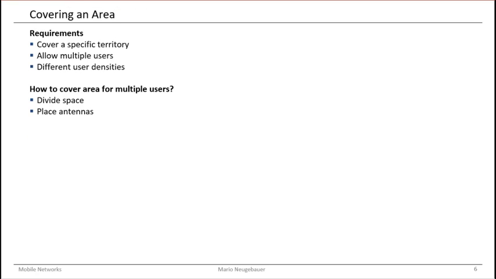Now imagine that we want to cover a certain area where we know that we have some users or that we will have some users. And we now have to think about the space and think about how we place the antennas in this area to get the users connected to our network. And also we have to take into account that we obviously will have different user densities.